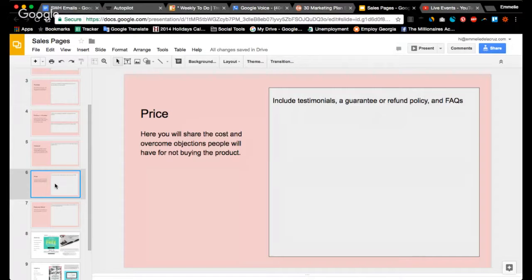But again, if it's a high price product or service that people might have lots of objections to, but you know that it's great content or a great product or service, then there's no harm or foul in offering a guarantee or having a refund policy, because you know 9 times out of 10, once people buy it, they'll love it and they'll stay. If your product is trash or if you don't think that it's your best work, then I would say steer away from the guarantee, because you'll end up losing more money than actually making it.